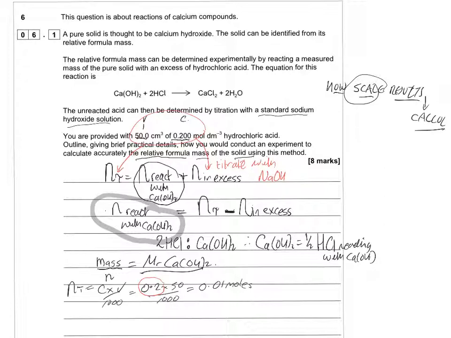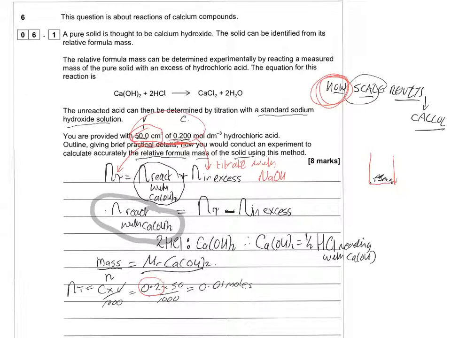So what you now need to do is decide practically how are you going to carry this out. Well, because you've got a fixed volume of hydrochloric acid, you've got 50 cm cubed, and the best thing to do here is a storyboard, which I'm going to do at the side. So in your beaker originally you had a mass of calcium hydroxide.